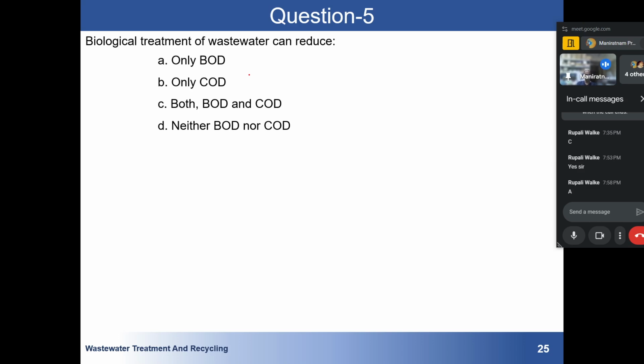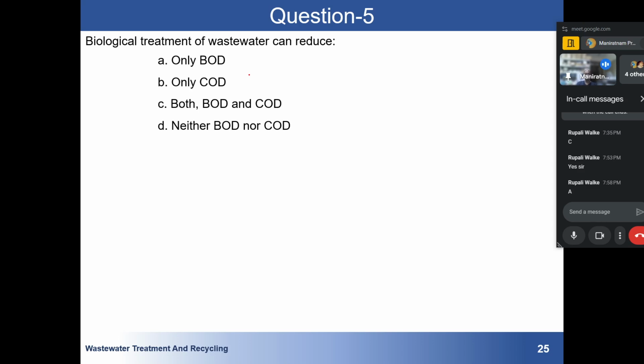Remember, COD is chemical oxygen demand, and BOD is biochemical oxygen demand, not biological. In a treatment unit you won't measure organic matter directly, we measure the COD and BOD of our system.